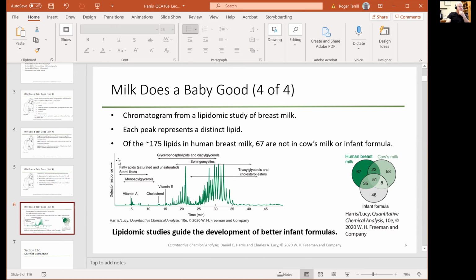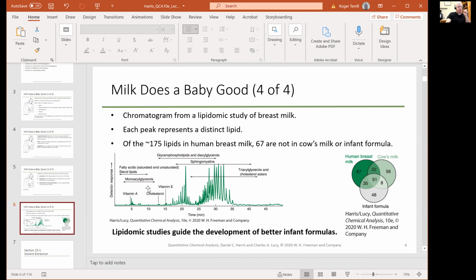What we're looking at here is detector response, which in this case is summed over all masses, because the detector in a GC-MS is itself a mass spectrometer. So this is two types of separation. One is by essentially boiling point along the time axis.